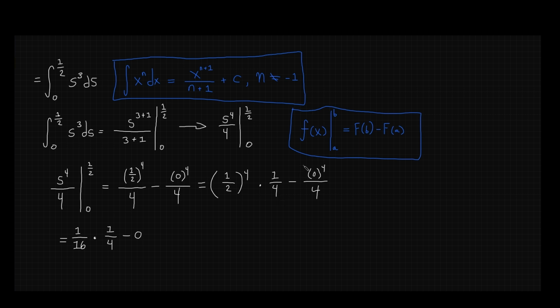And then it turns out that 0 raised to the fourth power over 4 is just going to go to 0. So now we're left with 1/16 times 1/4 minus 0. We're going to multiply the denominators all the way through, and multiply the numerators all the way through, and that's going to give us 1 over 64. And that's going to be our answer.